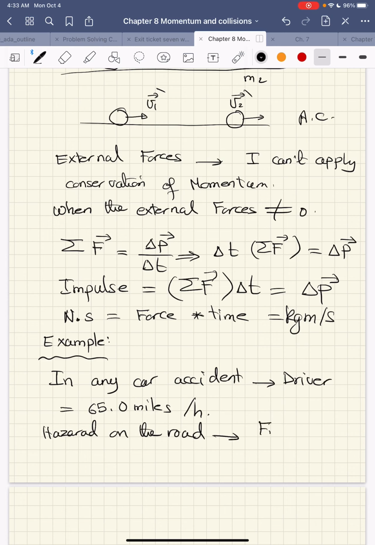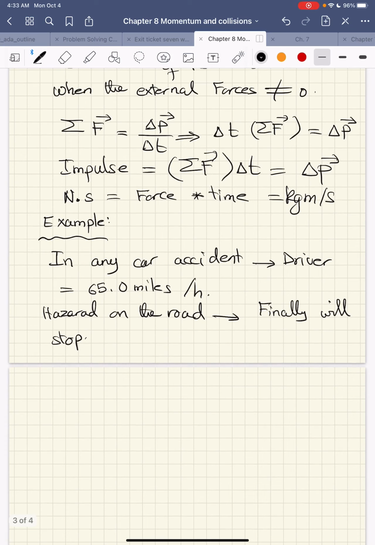Then finally will stop. Then I will say delta P, the change in momentum, is constant.